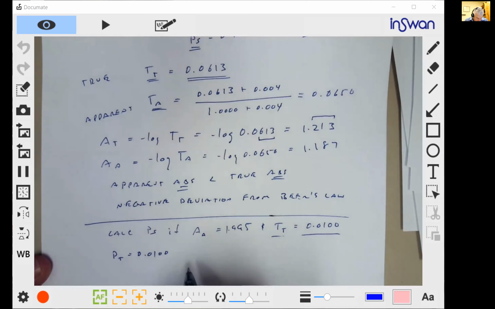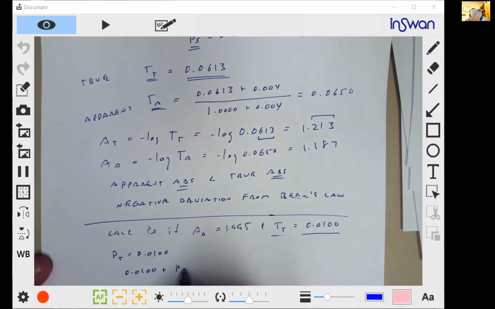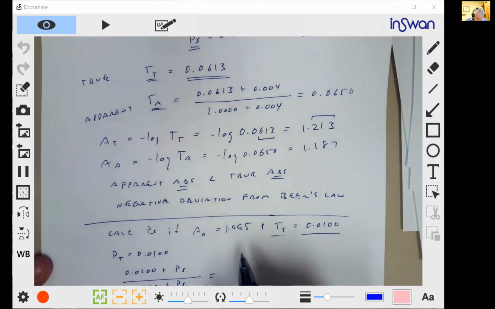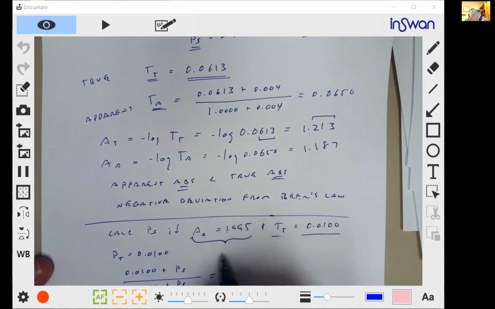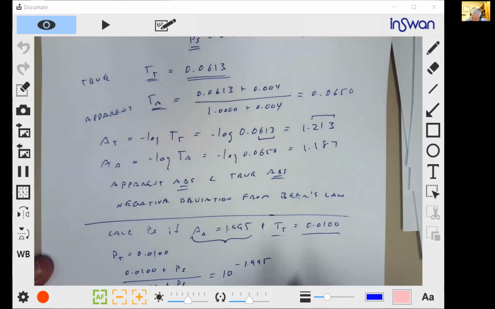And so all we need to do is set up the equation that 0.0100 plus P stray over 1.0000 plus P stray is equal to the negative exponentiation of this value, 10 to the minus 1.995, right? This is T apparent.